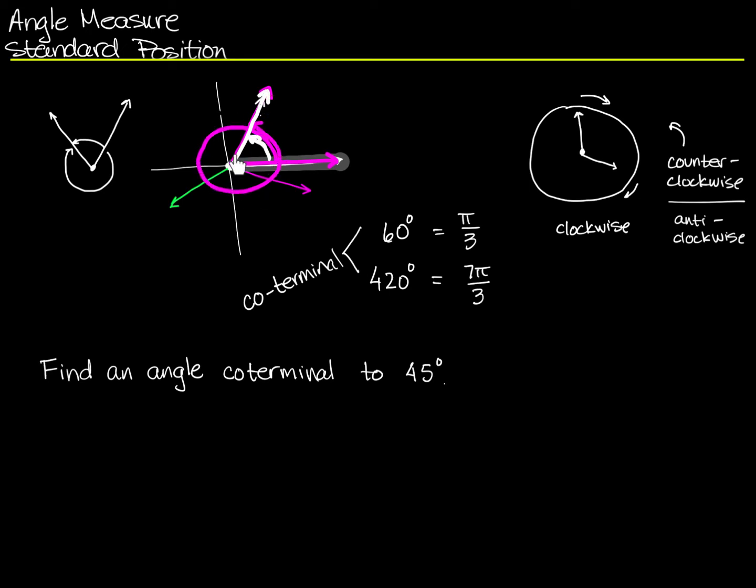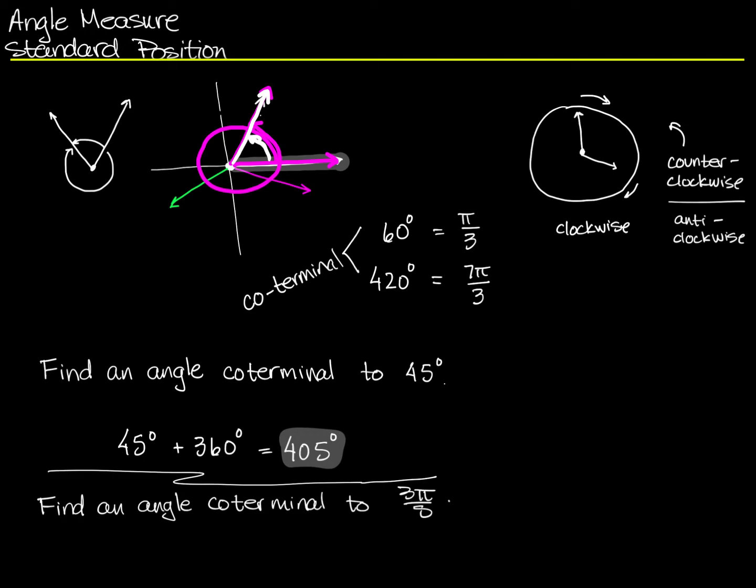So if this one's 60 degrees, how could I figure out what the other one was? Just add 360 degrees to 60 degrees. So another way to find an angle coterminal to 45 degrees is to start with 45 degrees and add 360. That's 405 degrees. So an answer here is that an angle coterminal to 45 is 405.